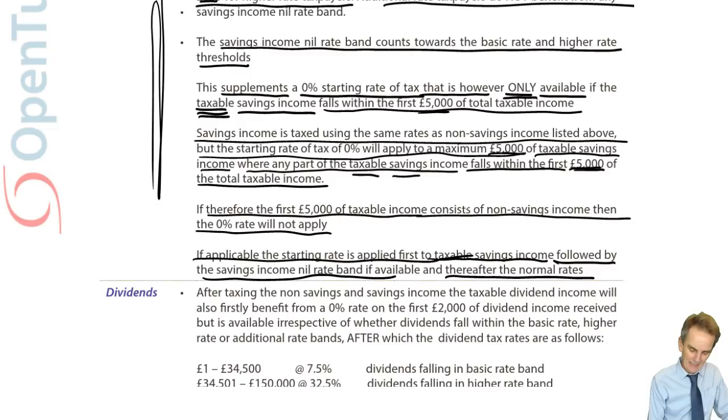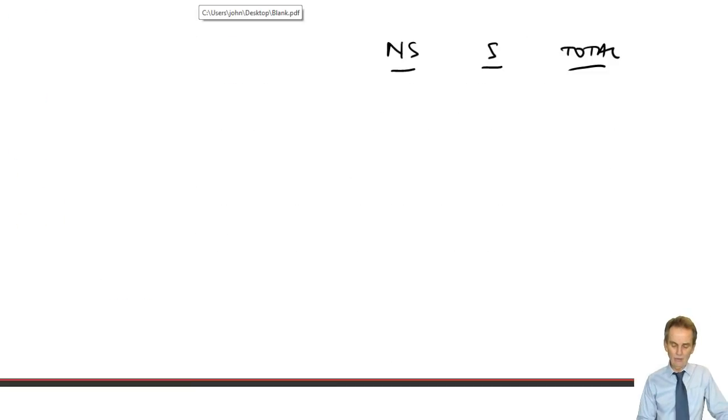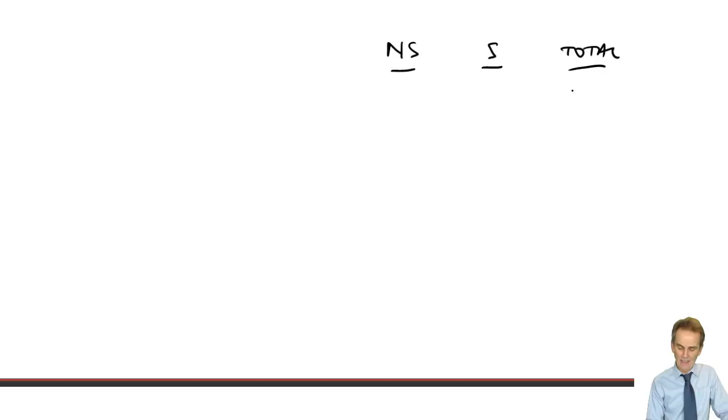Right. As I said, to understand this, we need to do some simple examples. So I've set up here our usual 3 columns: non-savings, savings, total. Again, we could have dividend income and make it a 4th column. We'll come to that later. Right, let's put some numbers in here.